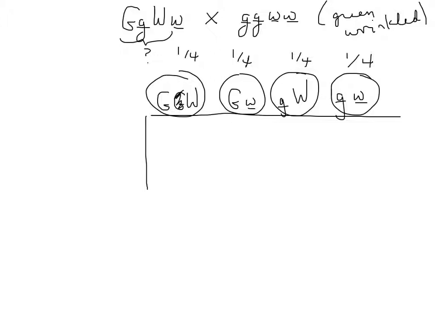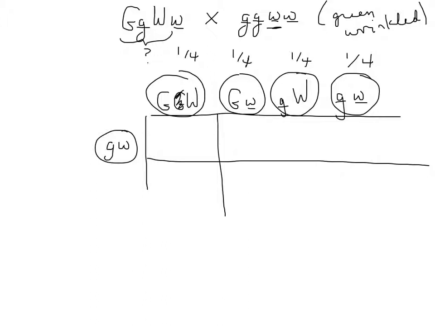What kind of gametes can the tester make? Well, there's only 1 allele of each, so all it can make is this, okay? So what do we get? It's a 1/4 Punnett square. It's really simple, okay?